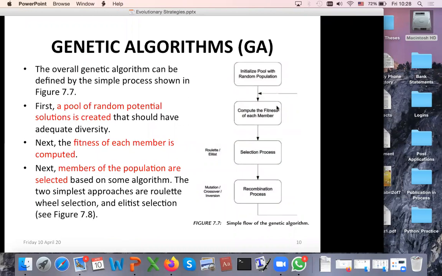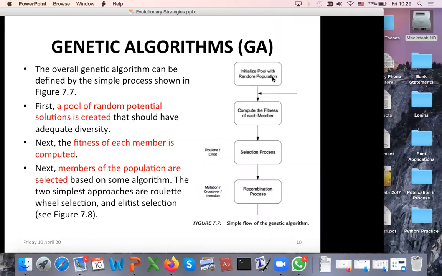Okay, now this is the main four, and you can say the complete concept of the genetic algorithm, in which we have four basic steps. The first step is about the creation of the population, or the creation of the pool in which you will keep all your members.